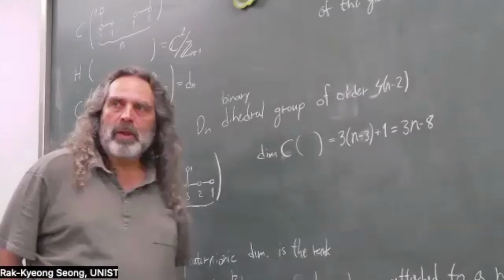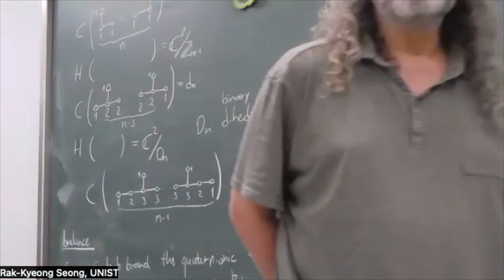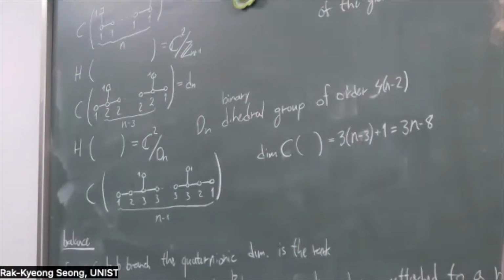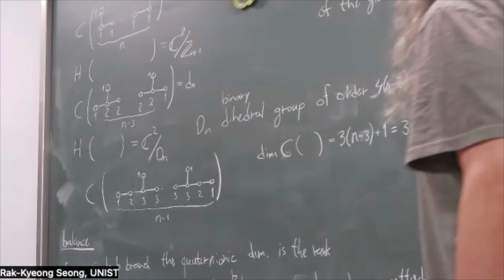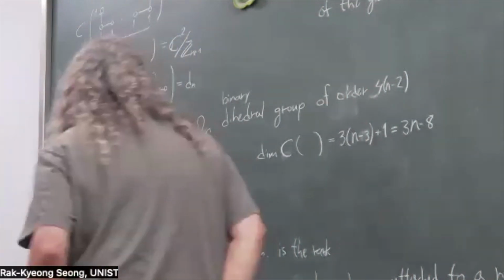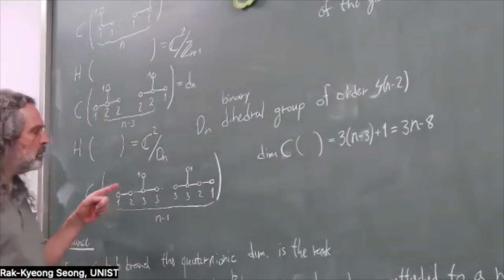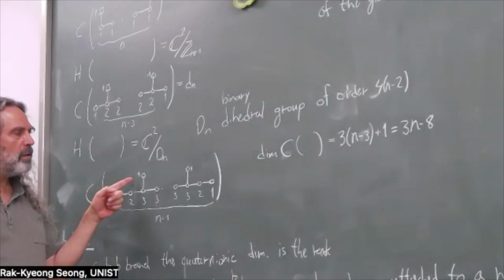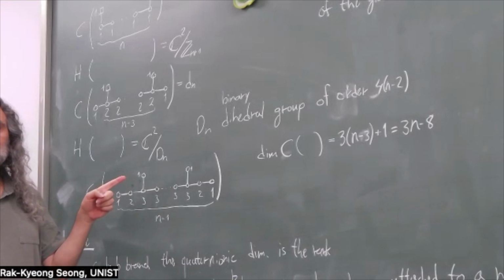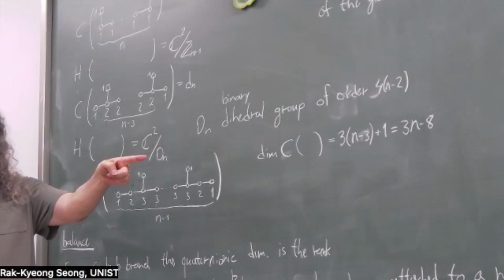But then the dimension of the Coulomb branch is 3 times n minus 3 plus 2. It's plus 1 because there's an overall U1 which is trivial.